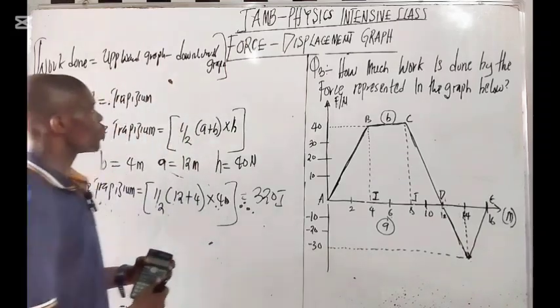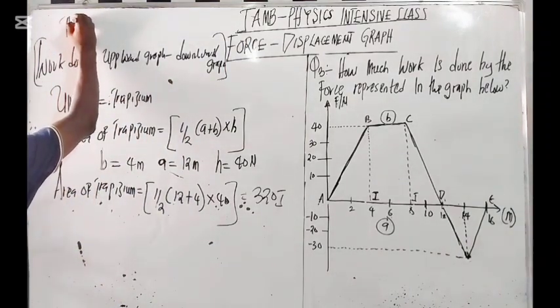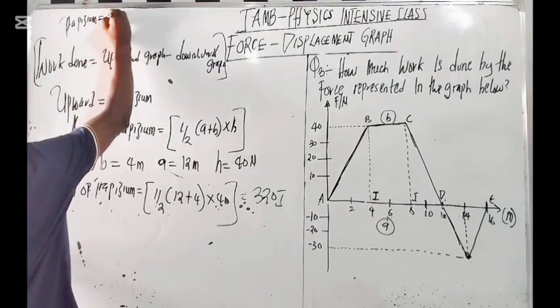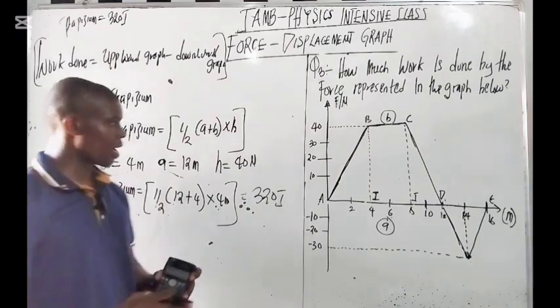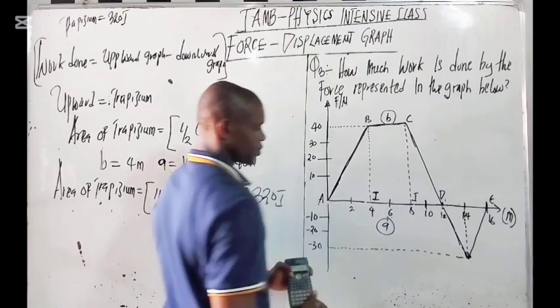So let us say the trapezium is 320 joules. I've got my first one, which is the upward. Now let's look at the downward.